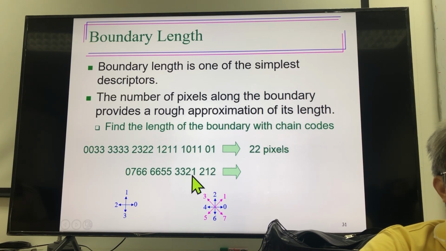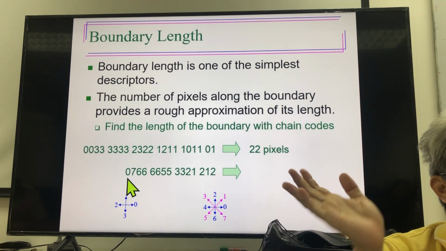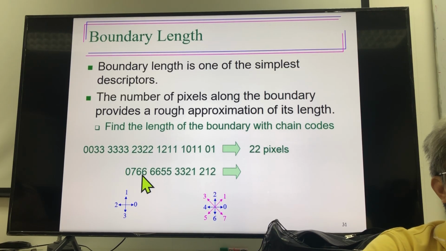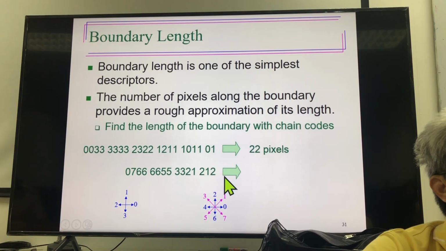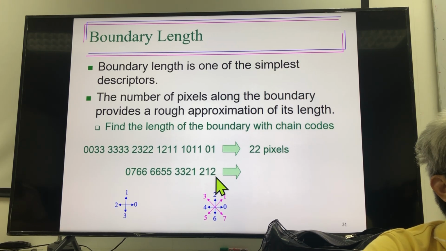How many 0, 2, 4, 6 are there? 1, 2, 3, 4, 5, 6, 7, 8. So 8 units. Okay. And 7, 5, 5, 3, 3, 1, 1 is square root 2 units.